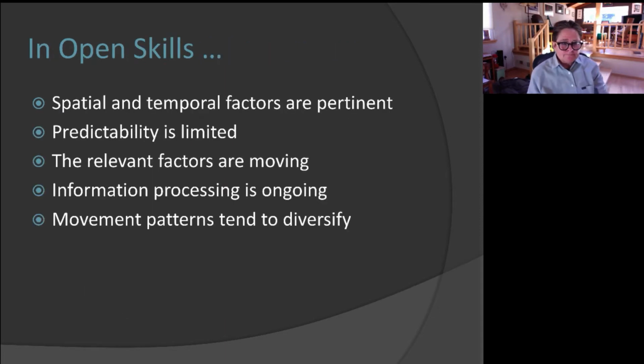So to further elucidate information about open skills, I want you to realize that in open skill performance, there are both spatial and temporal factors in the environment that are pertinent to the performer. Spatial means where things are in space, whereas temporal means the timing of things.